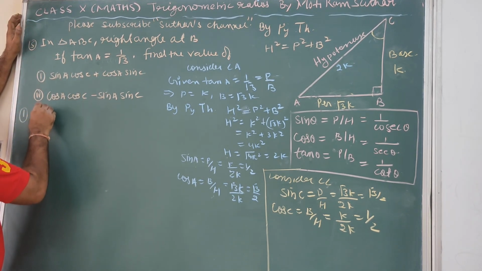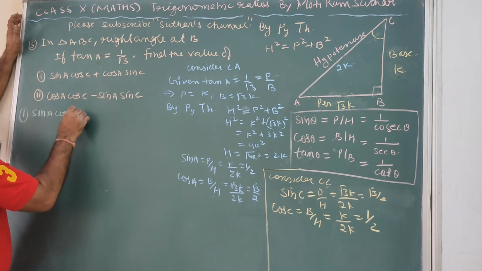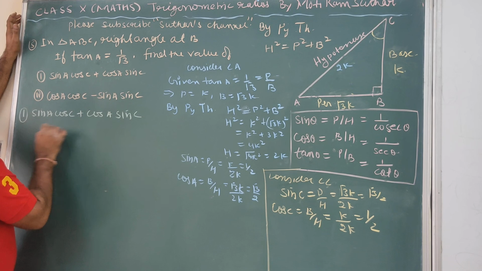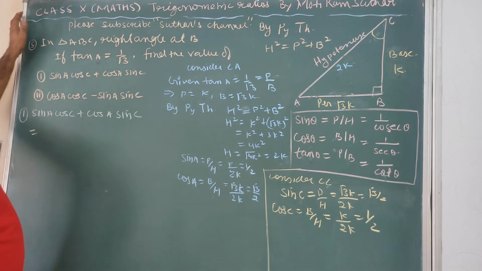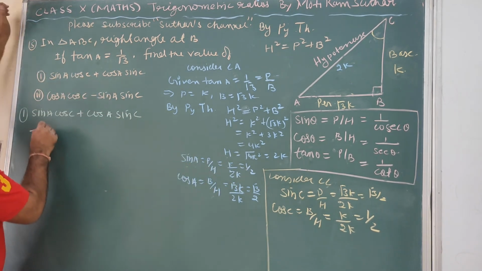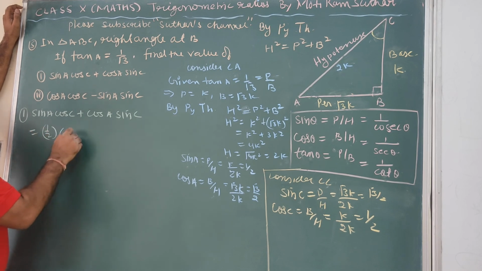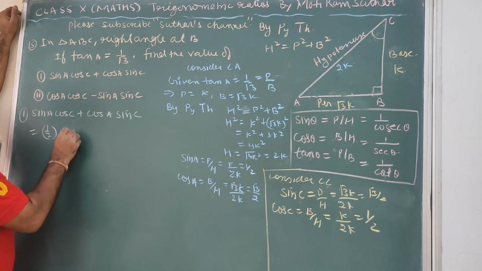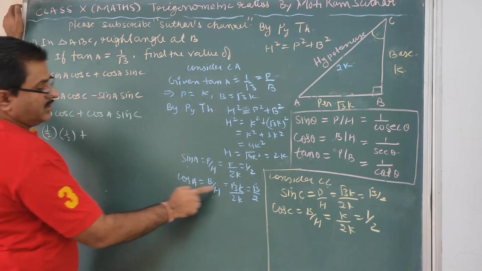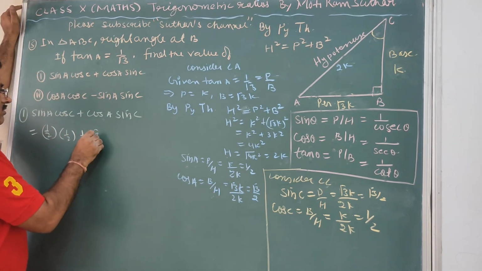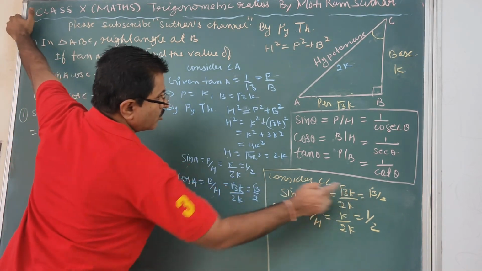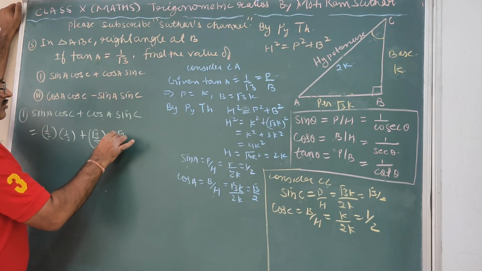So now you take the first one: sin A cos C plus cos A sin C. You only have to put the values: sin A is 1 by 2, cos C is 1 by 2, cos A is root 3 by 2, sin C is root 3 by 2.